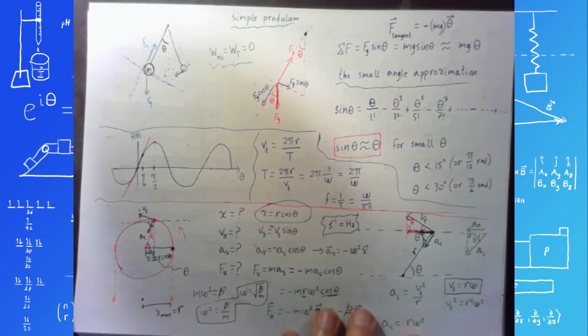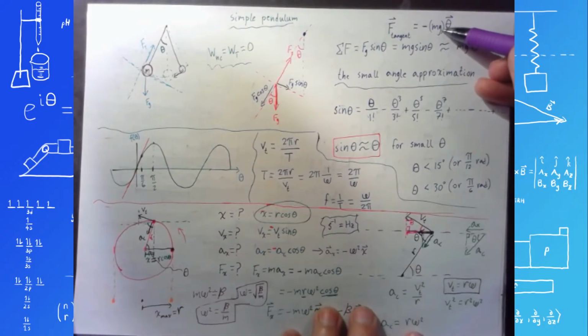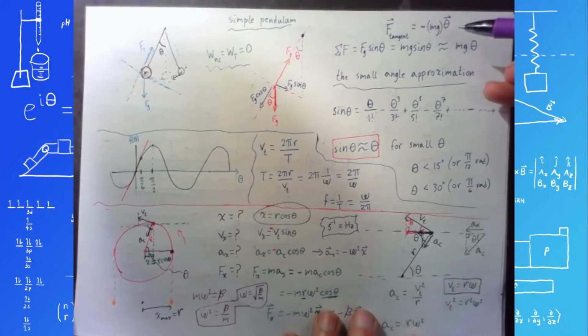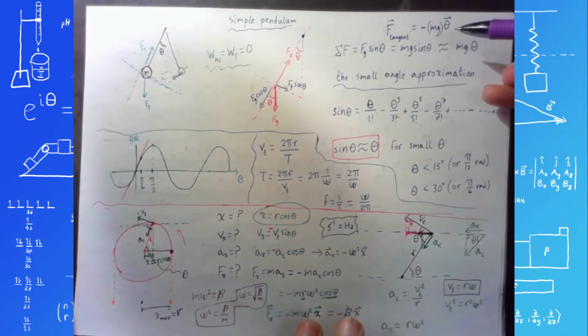So for the simple pendulum, beta, this constant in front of the theta, is going to be mg, and for the mass attached to a spring, beta is just going to be the spring constant k. Actually, will that even work for a spring?